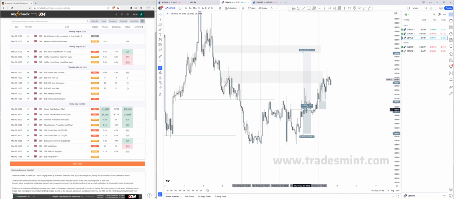Now, this is what led me to enter this. And then on Friday, this is what led me to take another entry, because we had more GBP news as well.